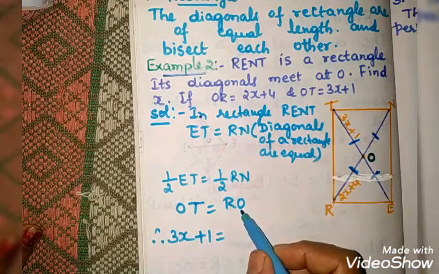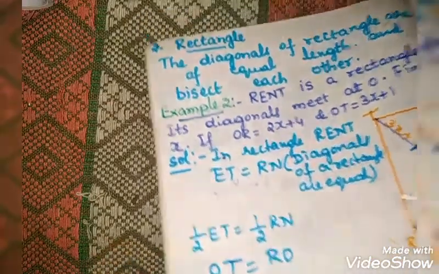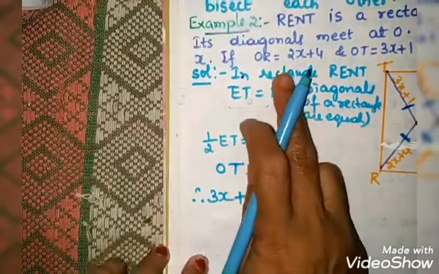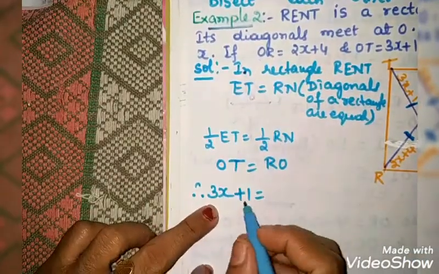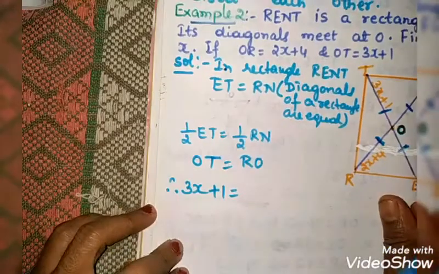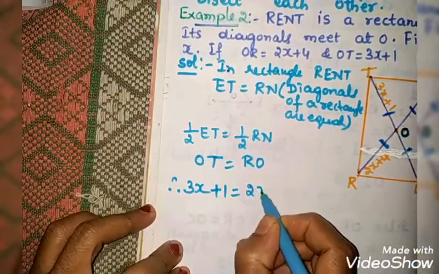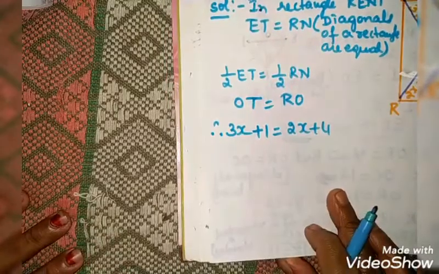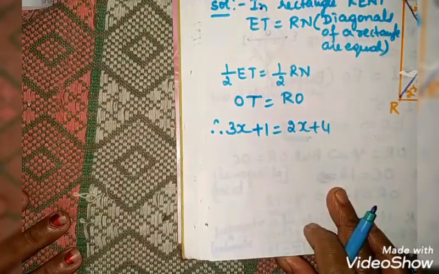And OR or RO, both are one and the same. Please note, children, RO or OR, both are the same. 3x plus 1. RO is equal to how much? RO is equal to 2x plus 4. Now this is in the form of a linear equation. Already we dealt with this type of linear equations.